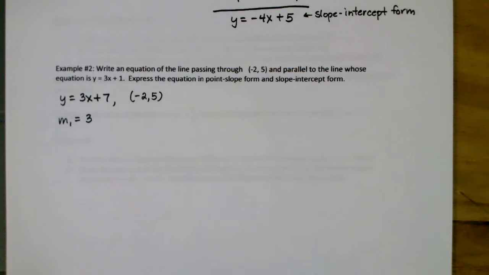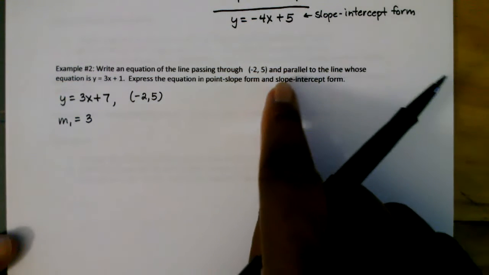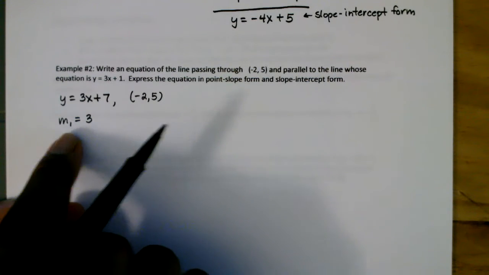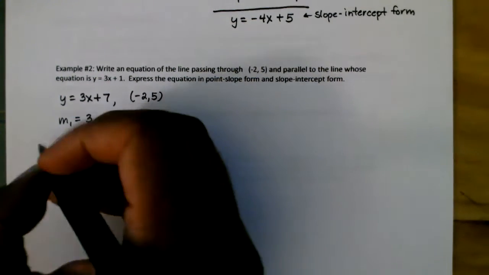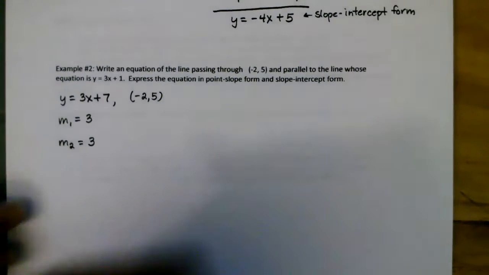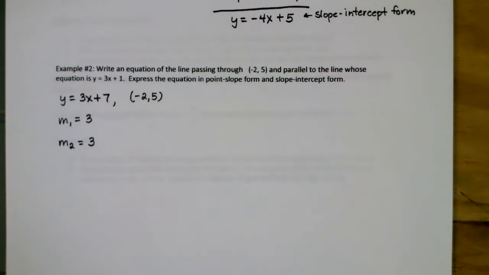Your slope, again, is the coefficient of your x term. And it does say parallel to the line. So if this slope is 3 for this equation, then the slope of the second equation also has to be 3, because when you have parallel lines, that means you have the same slope.